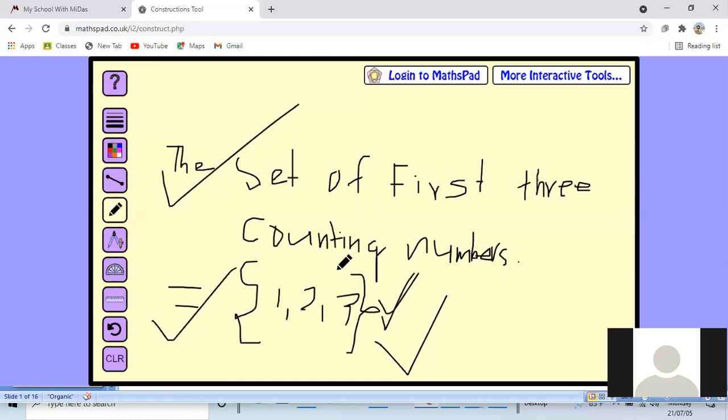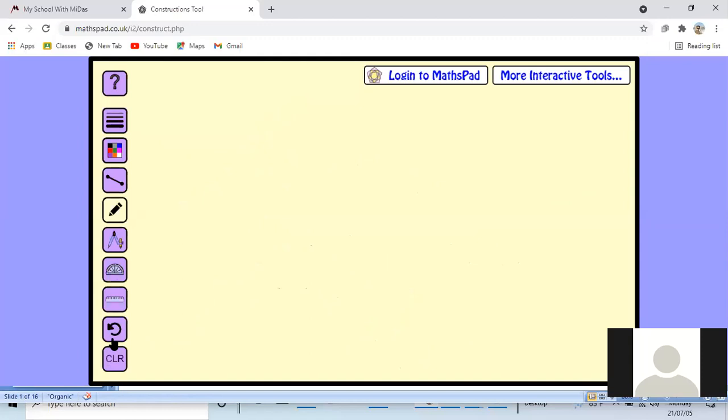Now one more method we use: we can write the set in the set builder method also. Look here. This is a curly bracket, and we write x, or any one variable, then a colon, x belongs to natural numbers. This is the symbol of belongs to.